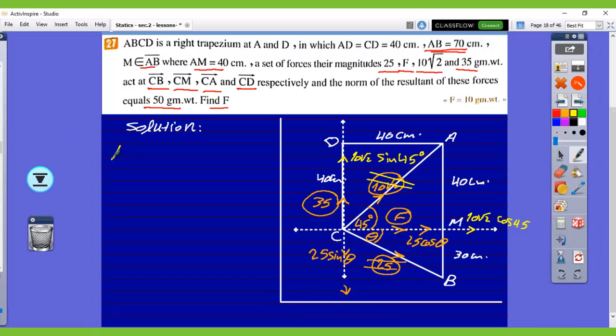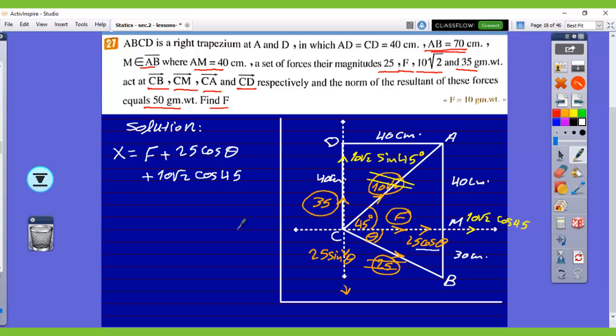Considering x is the sum of all components in the direction of the x-axis, horizontal direction in the direction of ray CM, we can start from F. We have three forces in the direction of the ray CM: F plus 25 cosine theta plus 10 root 2 cosine 45.